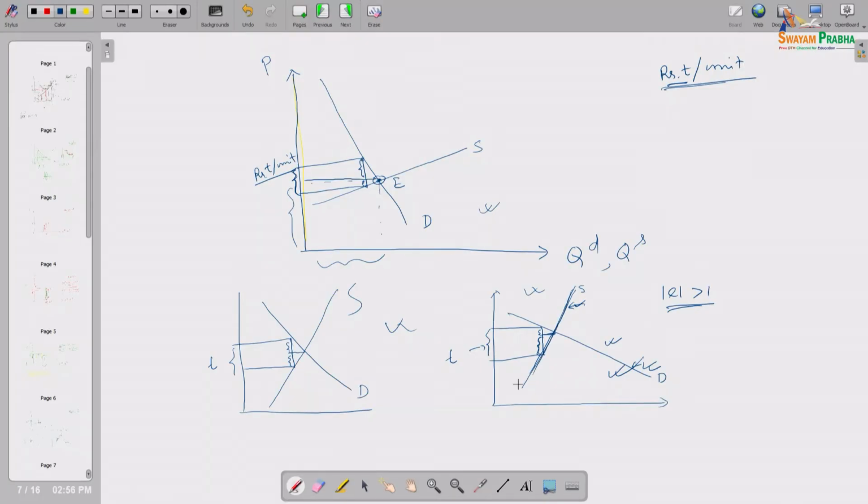So, here since elasticity of demand is high, the commodity is a luxury kind to the customers, and customers could cut down their consumption to a larger extent, but supply is very steep. Own price elasticity of supply is very low. Suppose this kind of commodity may be a perishable commodity, and sellers can't store it for long.